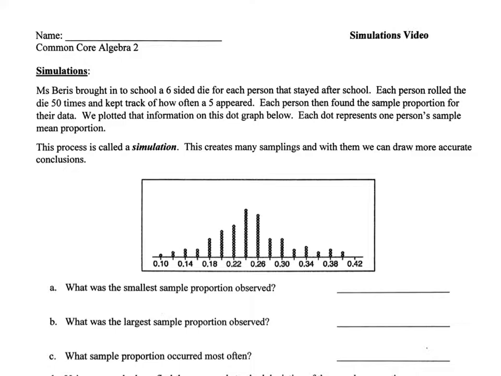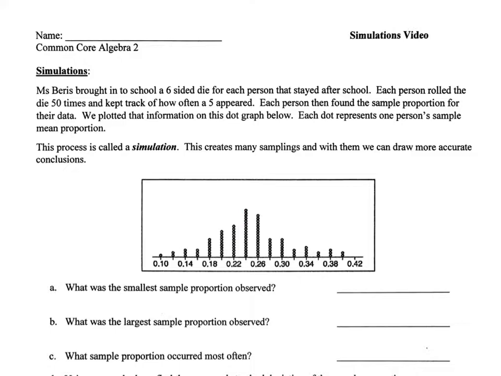Some people only got 10% 5s. Some people got 39%. So this is an idea of a simulation where we roll the die a whole bunch of times, and each one of these is a different proportion. It's an example of a different sampling that occurred.